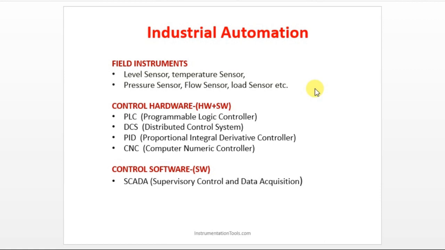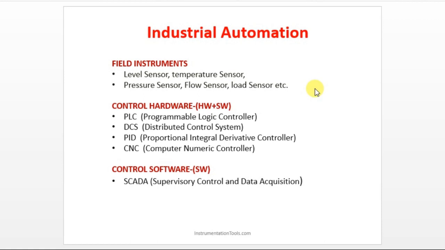So in this example, to control the flow, I need to write a program inside the controller. Those types of controllers are our controller hardware. You can see a PLC, DCS, PID device or CNC. Where I am going to write the logic, those are called controllers. That will have hardware and also software, right?